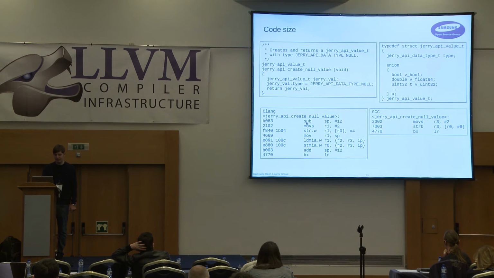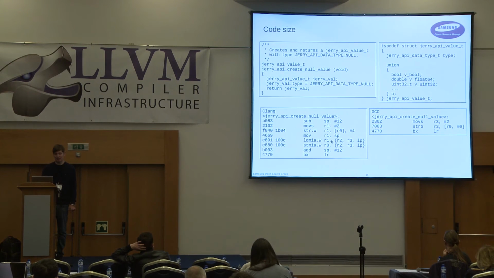And then we also see that there's some space allocated on the stack here, and later the contents of the stack are loaded into registers and then again stored to the address in R0, which contains the address of the space for the return value. So essentially what happens here is that the uninitialized data of this struct is copied around. That's obviously redundant work and could be eliminated.